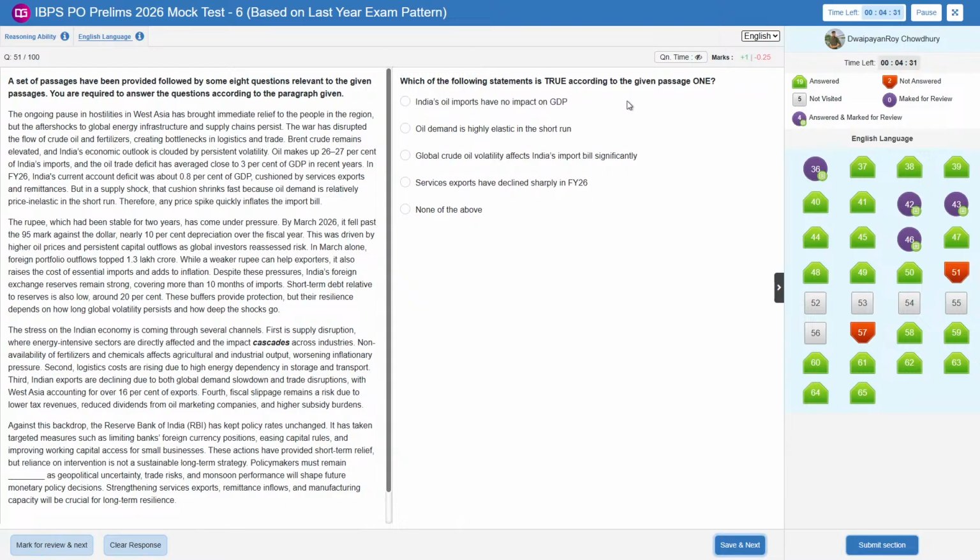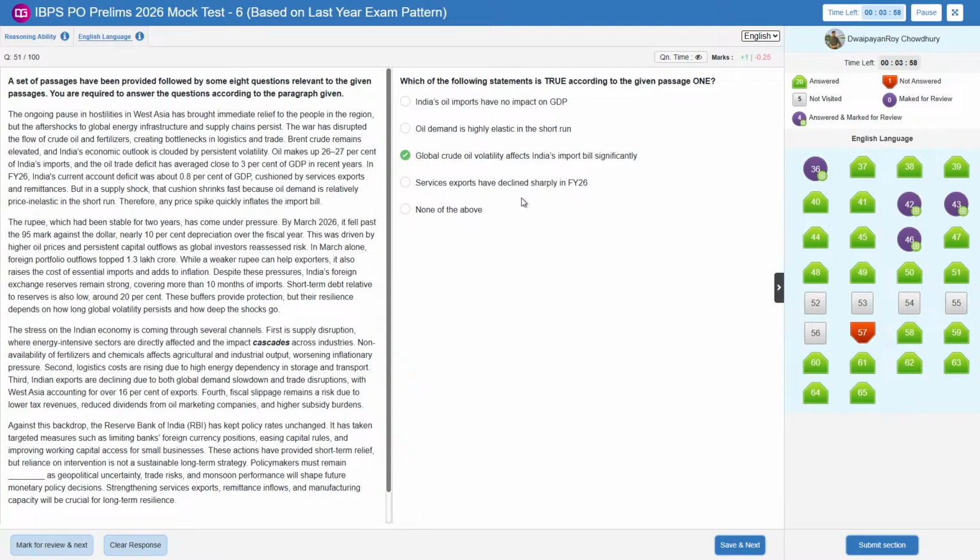Which of the following is true about the passage? India's oil has no impact. Oil demand is highly elastic in the short run. Global crude oil volatility affects imports significantly, definitely. India's current account deficit is cushioned by this, but a supply shock is relatively sticky.